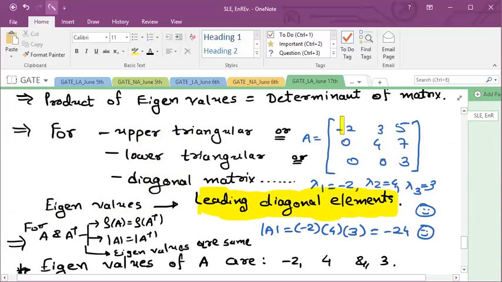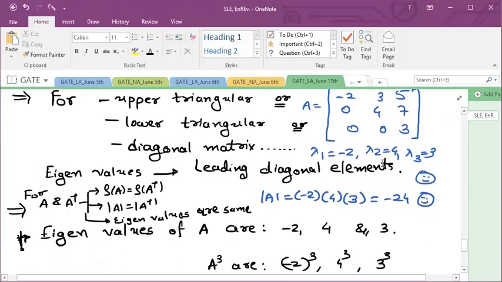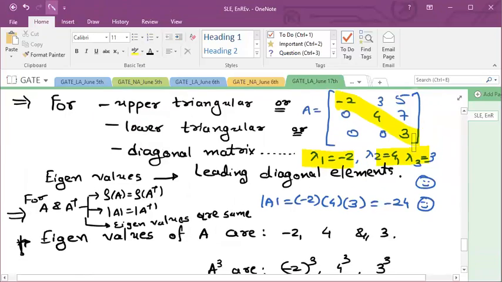So here, my first eigenvalue will be -2, second will be 4, third will be 3. With the help of this property, I can write its eigenvalues directly. No need to proceed to that equation. And its determinant I already know, it is -2 into 4 into 3, which is -24. Either I can use it directly, or I can use the property lambda 1 into lambda 2 into lambda 3.